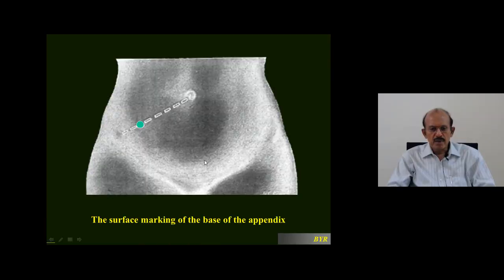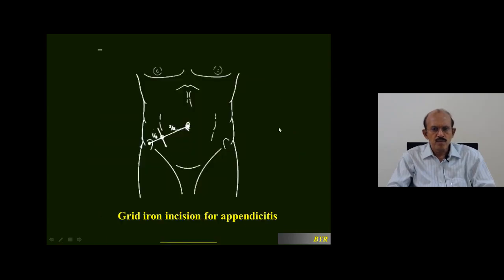The appendectomy operation. Surface marking of the appendix base is McBurney's point, that is on the spino-umbilical line, at the junction of the lateral one-third to medial two-thirds. That is the point of McBurney. So you usually approach the appendix by an incision called the gridiron incision.